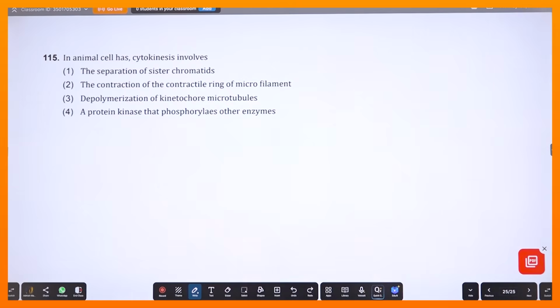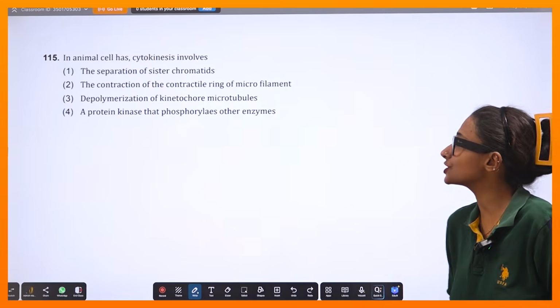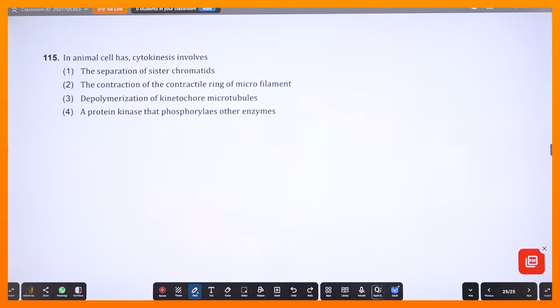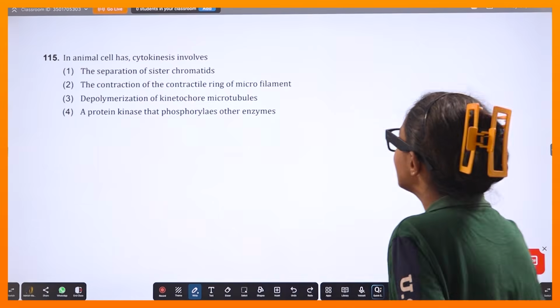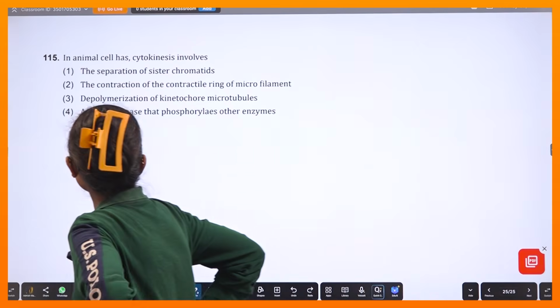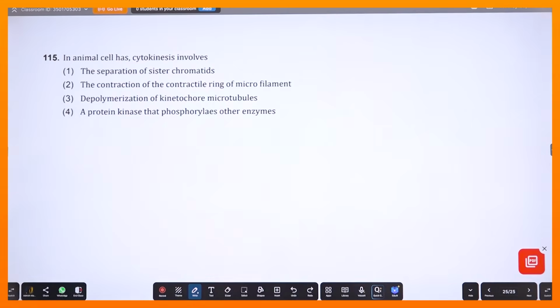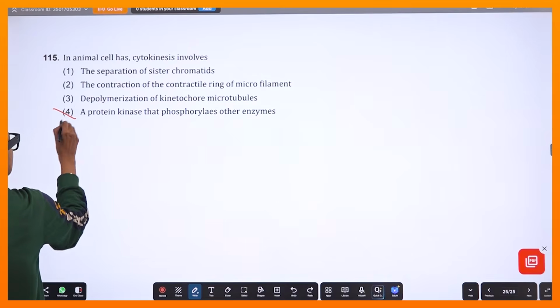Option 1, separation of sister chromatids. The contraction of contractile ring. And then you have depolymerization of kinetochore microtubules and protein kinase that phosphorylates other enzymes. No, this is false.